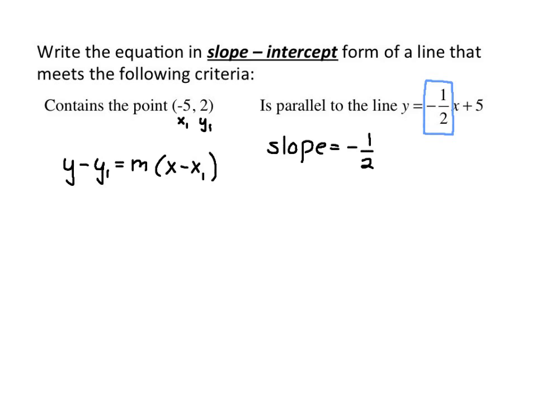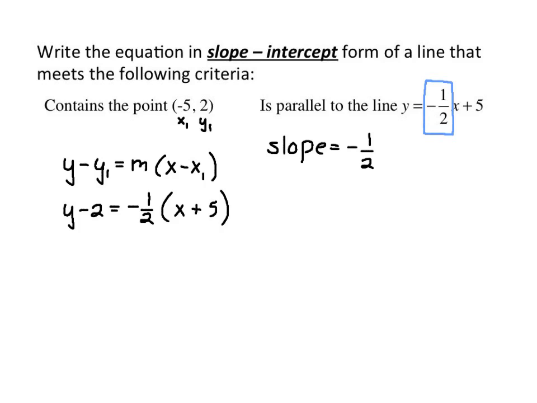Plugging in, looks like our y1 value is the 2. So y minus 2 equals, the slope is again that negative 1/2, which was the same slope as the line given, times x minus negative 5, or in other words, x plus 5, because I am subtracting that negative 5 from the ordered pair, that x1 right up here.